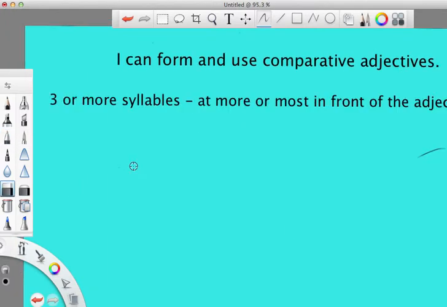Okay, so for adjectives that have three or more syllables, this should say right here, this is a little mistake, it should say add more or most in front of the adjective. Let's take a look at an example. Let's look at the adjective expensive.